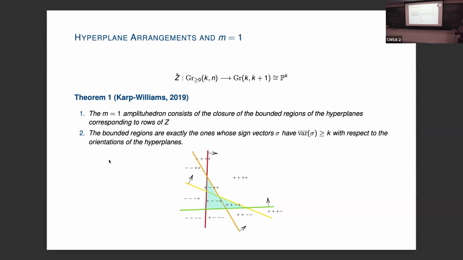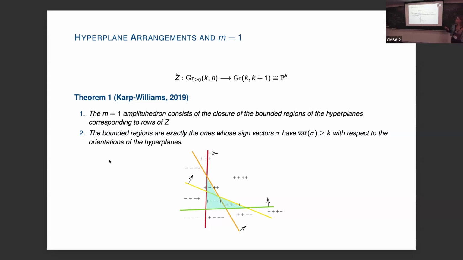And then we can write down the sign vectors with respect to these orientations. So for example, this region right here is on the plus side. Each arrow is pointing towards it. So this will be plus, plus, plus, plus. And then for this one, each arrow is pointing away from it except for the last one, which is pointing towards it. This is minus, minus, minus, plus.